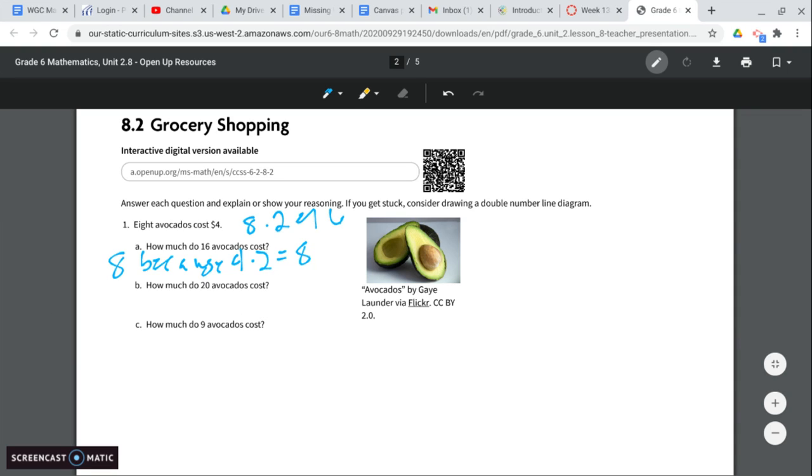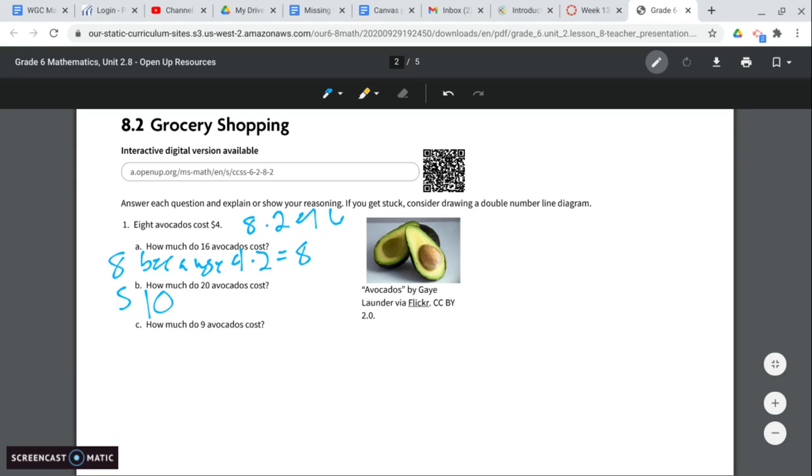So how much do 20 avocados cost? For this, we need to think about if 8 avocados are $4. If we double that, we're at 16, but we don't quite need to triple it. So we're at our 8, and we're going to go up by 4 instead of 2. So our cost is only $2 more.